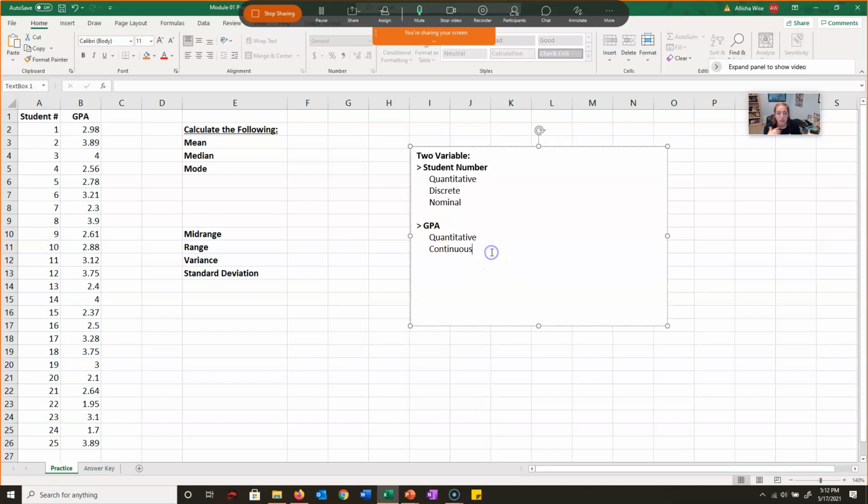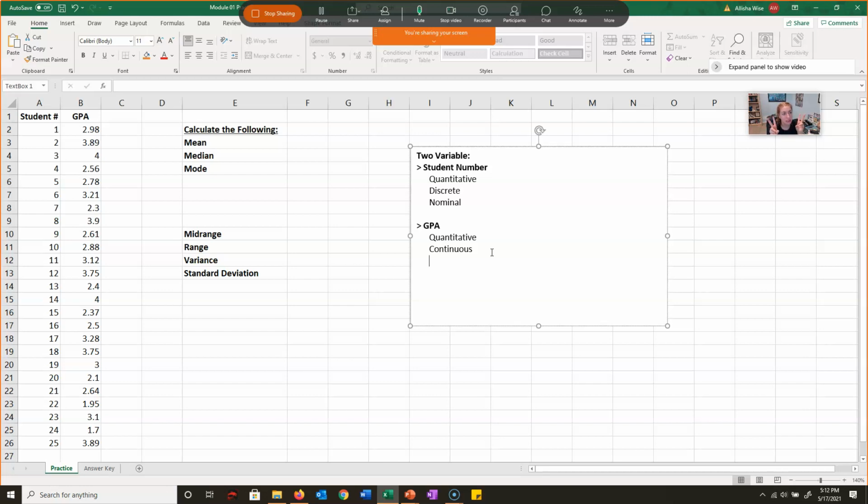Whereas, what do you think GPA would be? Keep in mind that it's ordered, right? 0 through 4, but the numbers have meaning. The difference between 0 and 1 is the same as 1 to 2. They're still on the number line between 1 to 4. And 0 means that no GPA would exist, right?